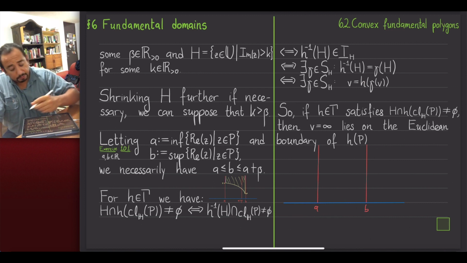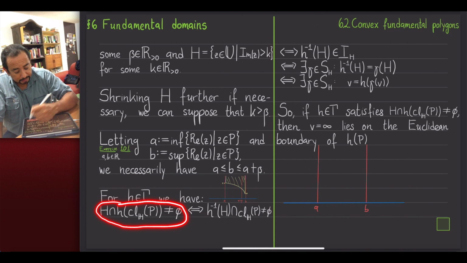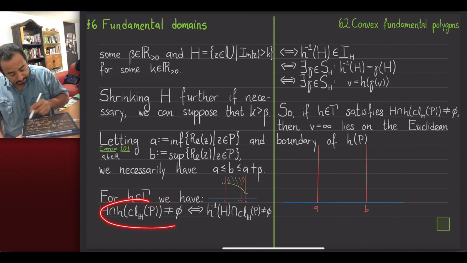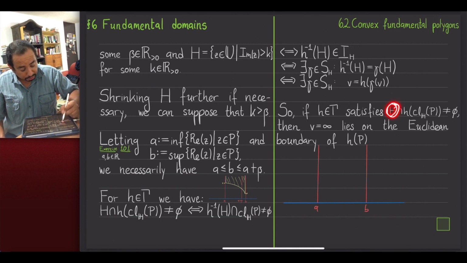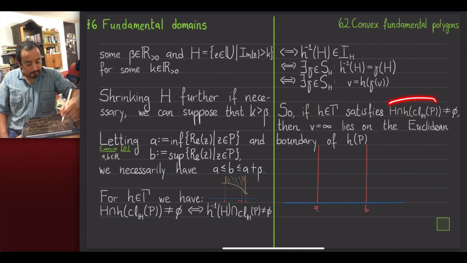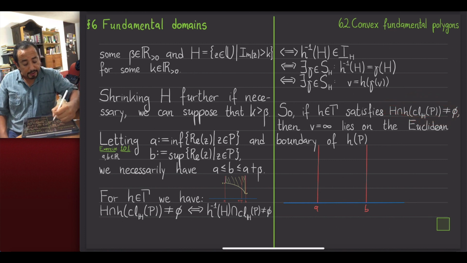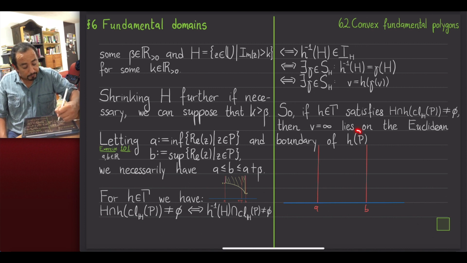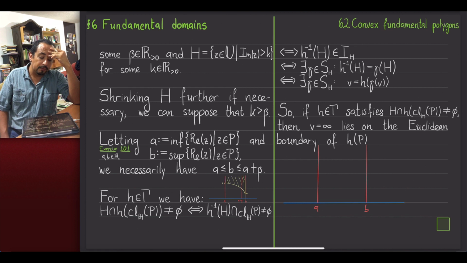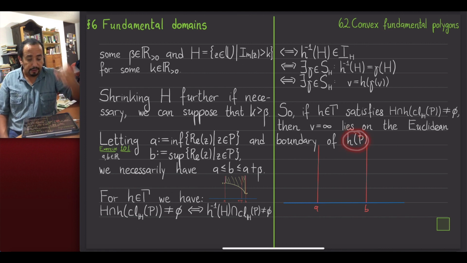Okay, but what we have shown is that for H in gamma, if this is not empty, so if this same holocyclic region intersects the topological closure of the image of P under this element of gamma, then this very same V lies in the boundary at infinity of this other fundamental domain for gamma, which is also a convex locally finite fundamental domain for gamma.